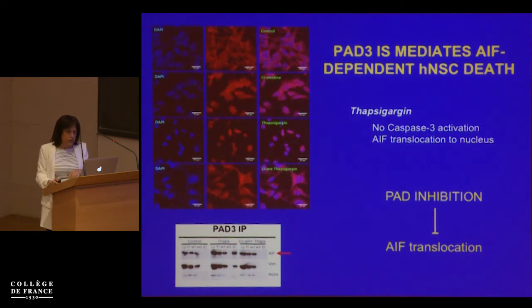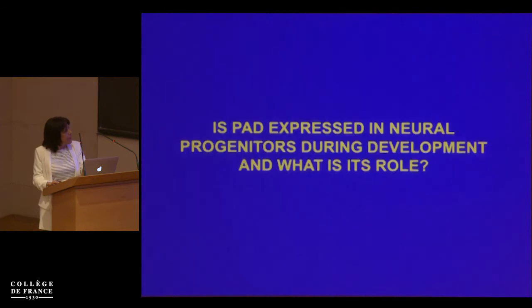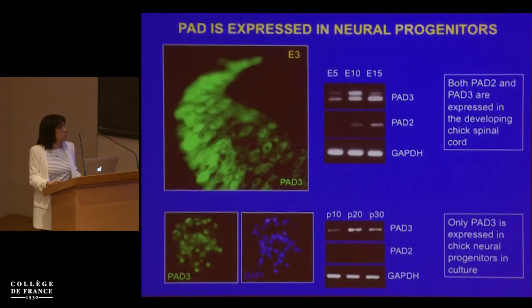So we wanted to know a little bit more about what PADs are doing and if they are expressed in development. And again, we looked both at the chick and at the human. And we find that there is PAD expression both in the human neural tube and in the chick. And here I'm showing you the chick neural tube.